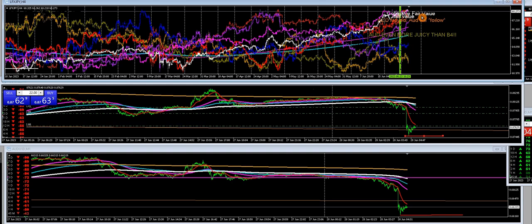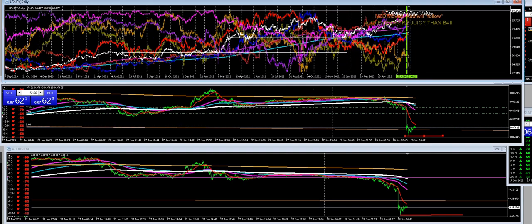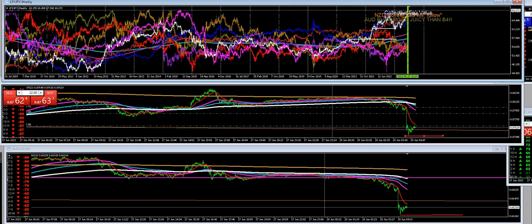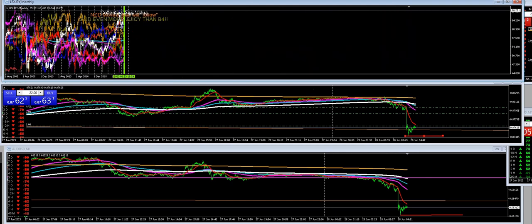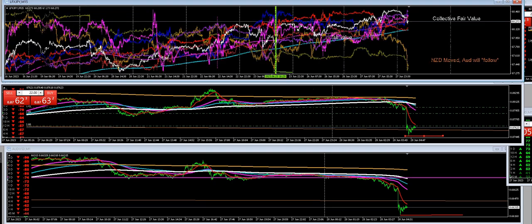So those could want to reach up there on a 4-hour perspective. Yeah, same sort of deal there. There's no trade there on the weekly. And then that's just a big mess, so there's nothing there.